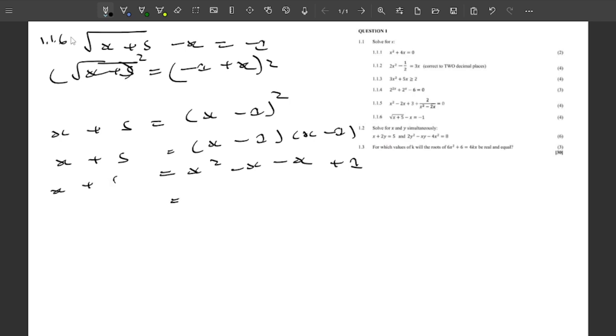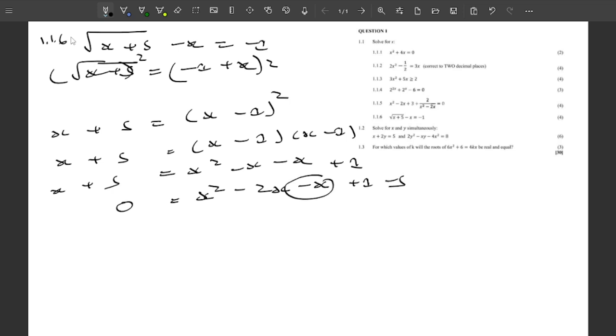Then you can move this value to the other side, or subtract x plus 5 on both sides. So it's going to be minus 2x, and this one's going to be minus x plus 1 minus 5.